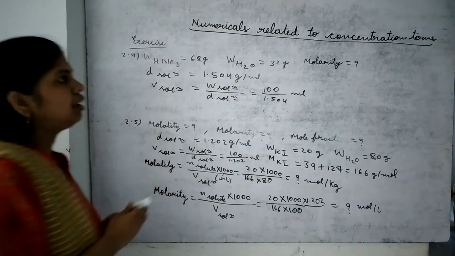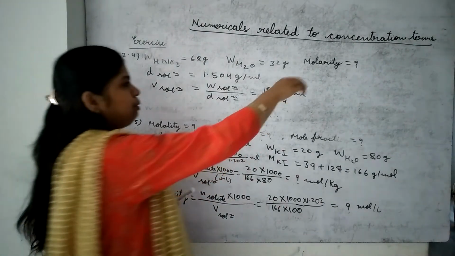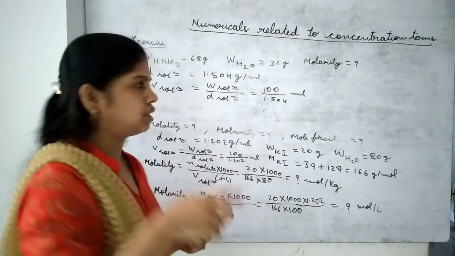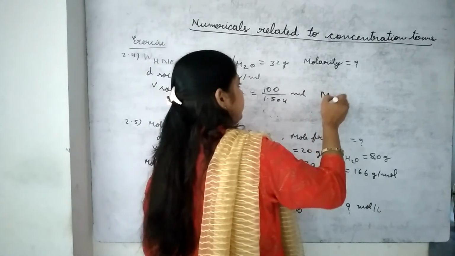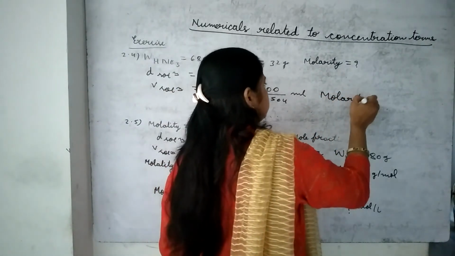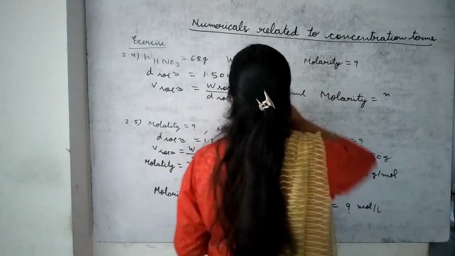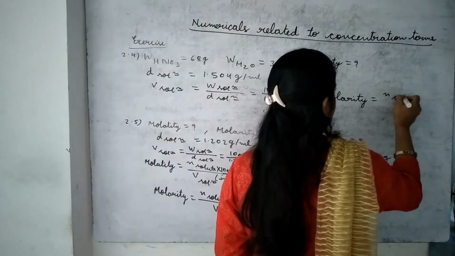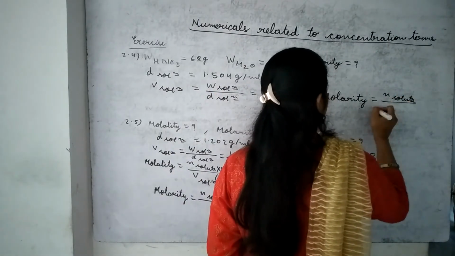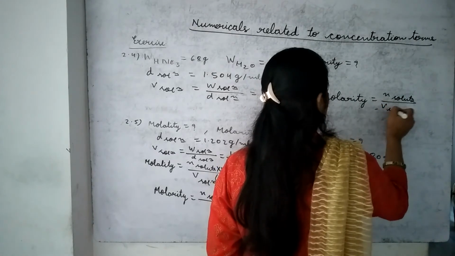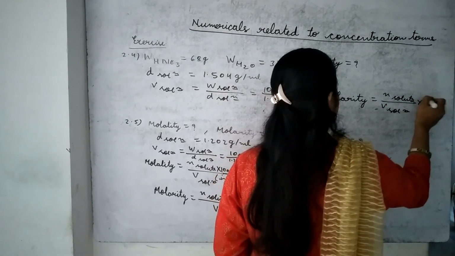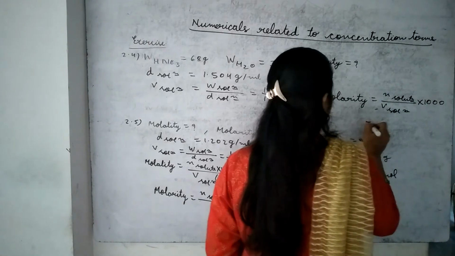It is in ml, so the molarity formula will be multiplied with 1000. So molarity is equal to number of moles of solute, where solute is nitric acid, divided by volume of solution. It is given in ml, so the formula will be multiplied with 1000.